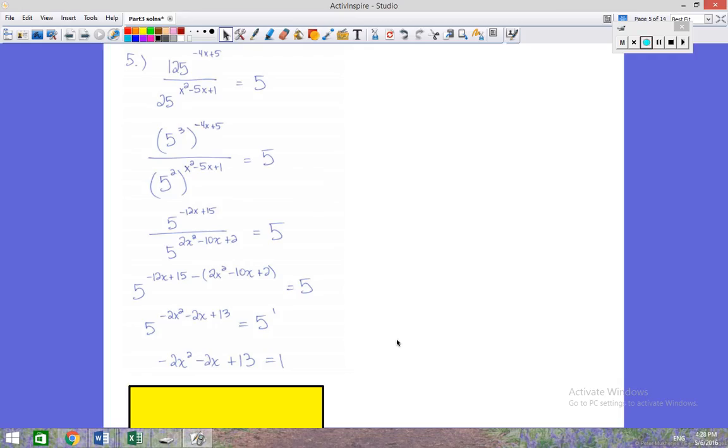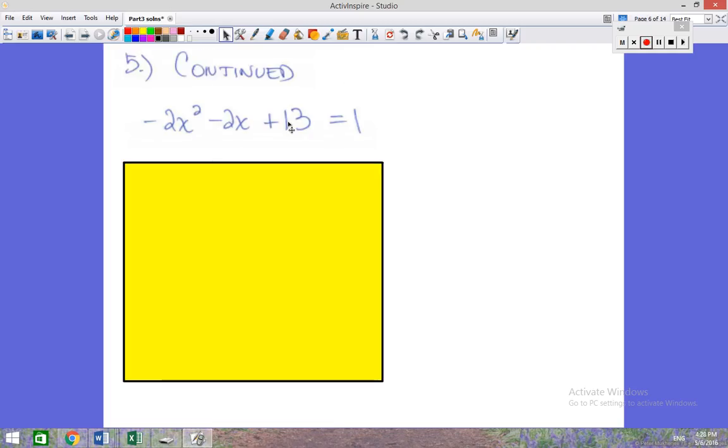I know that if I identify A, B, and C, I can use a quadratic formula, or sometimes we can factor them. So the first thing I want to do is make sure this is in standard form by getting everything on one side and 0 on the other. So what I've done here is moved everything to the right-hand side. I've added 2x squared.